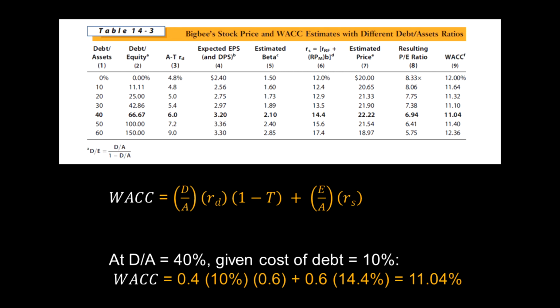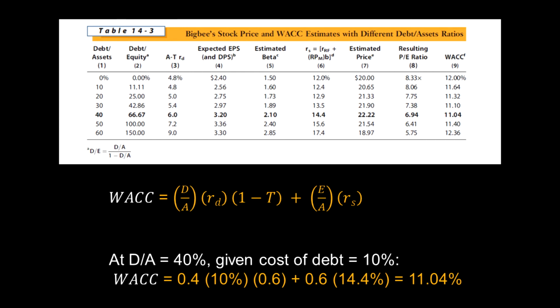Given the WACC formula, at D over A equal to 40%, given cost of debt equal to 10%, WACC is equal to 0.4, the ratio of debt to assets, times 10%, the cost of debt, times 0.6, which is 1 minus T, shown in the table, plus 0.6, which is E over A, times 14.4%, which is the cost of equity, also shown in the table.